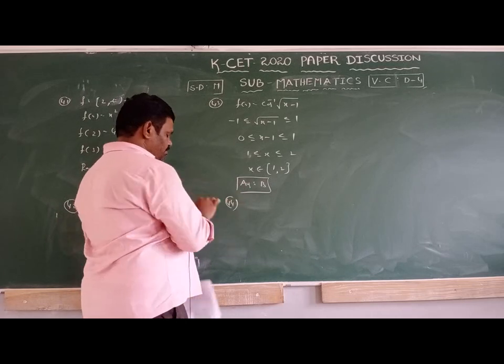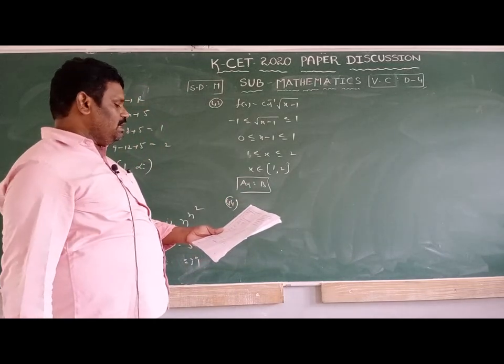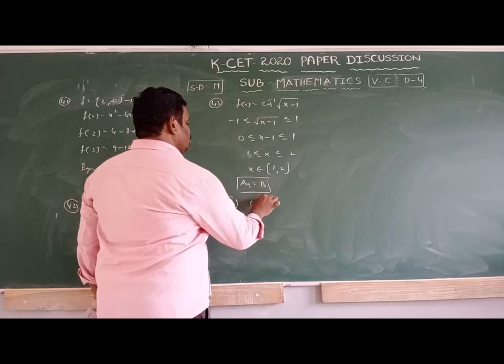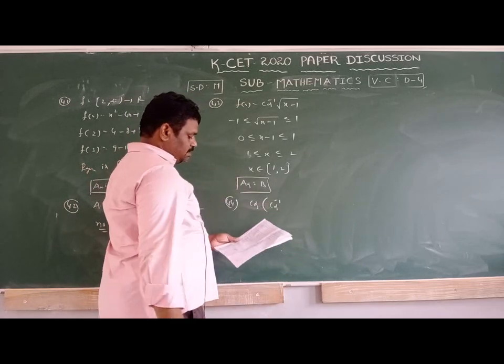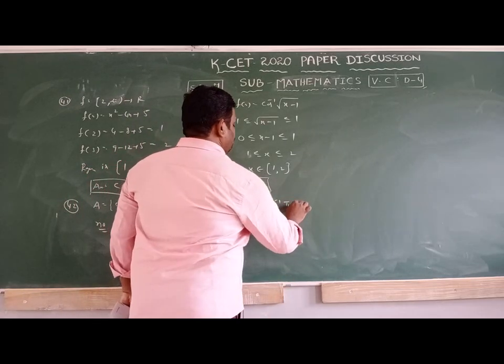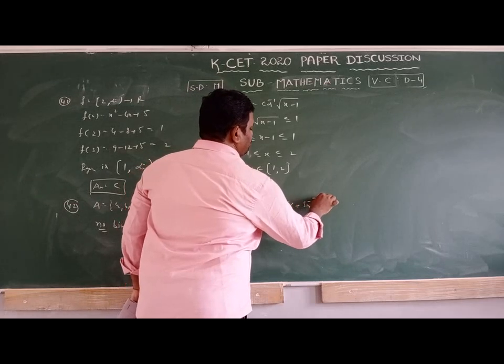Next 44. The value of cos inverse pi by 3 plus sin inverse pi by 3.